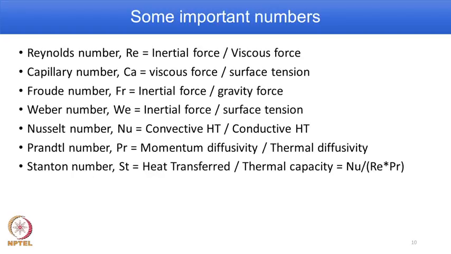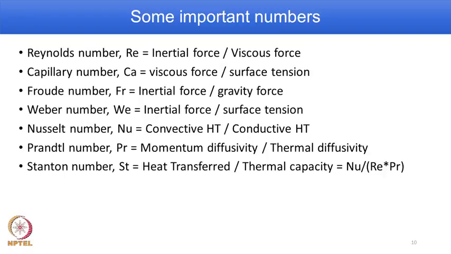In connection with that, we also need to know many non-dimensional numbers, and there are many other important numbers. I am listing only a few of them here. There may be more depending on the problem that you are studying. The first one is the Reynolds number.